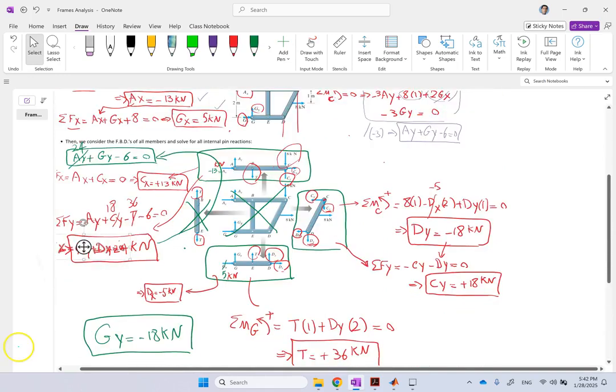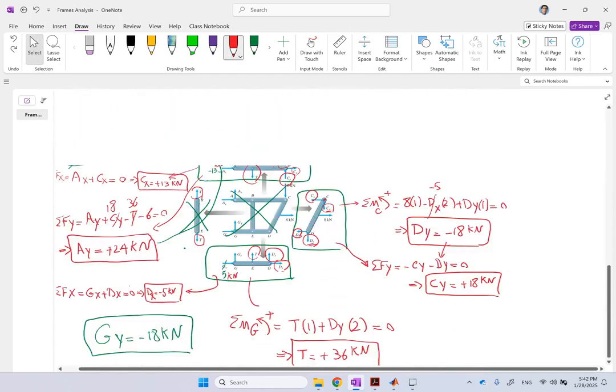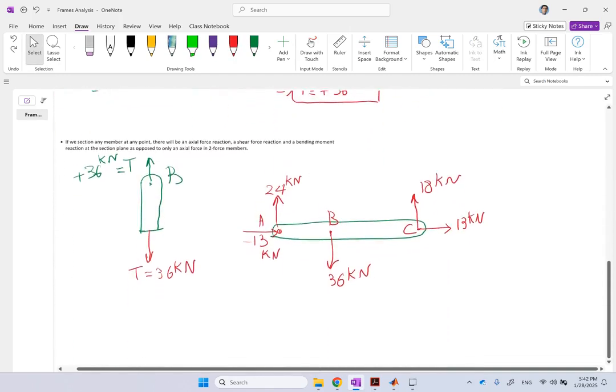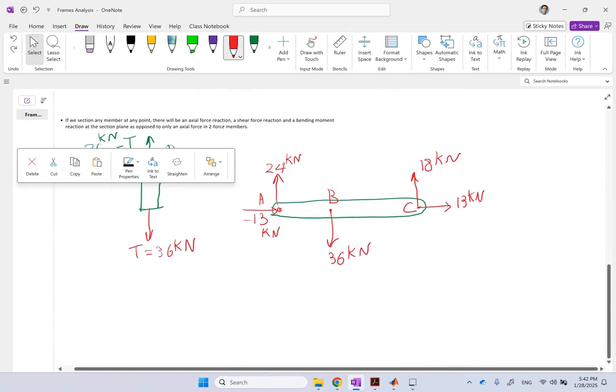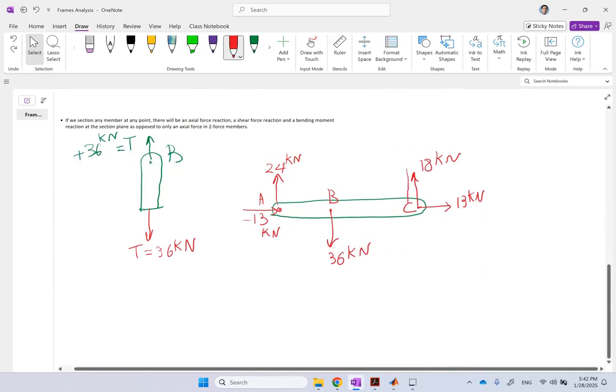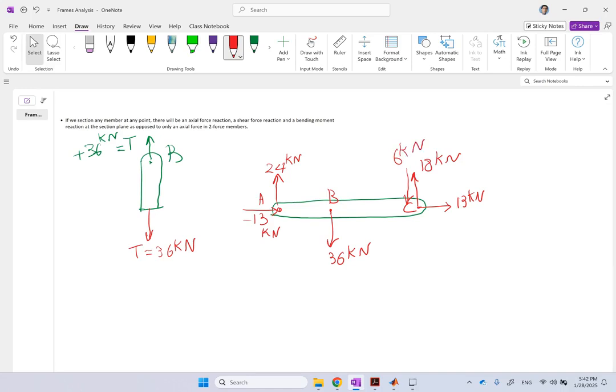So if I go back there, there should be an extra 6 kilonewton right here. So if you look, 18 and 24, 42 upward, 6 plus 36, 42 downward. That is 0. And if you take the sum of the moment about any point, that should also be 0, right? So you can just check one of them.